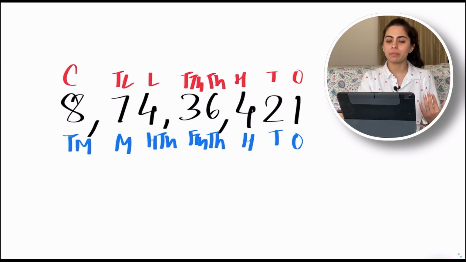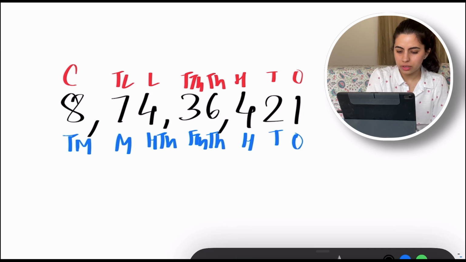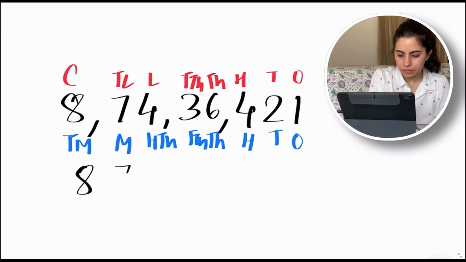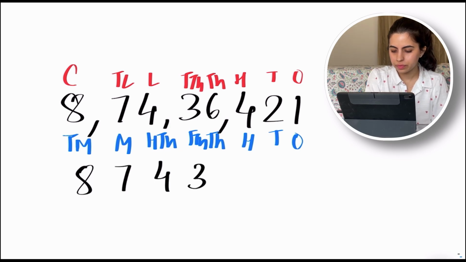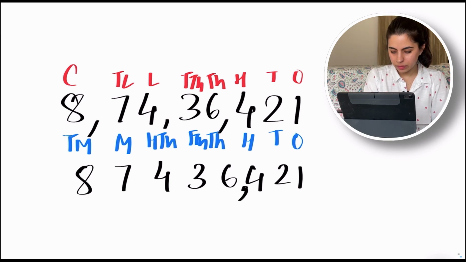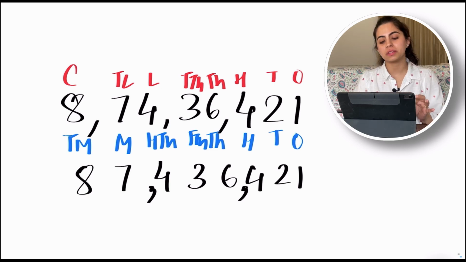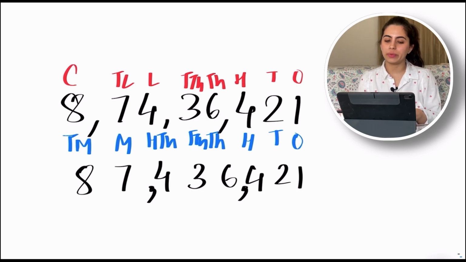Now, if I have to compare, my number was 8 crore 74 lakh 36,421. If I rewrite this with the proper commas under the international system, this would be 87,436,421.